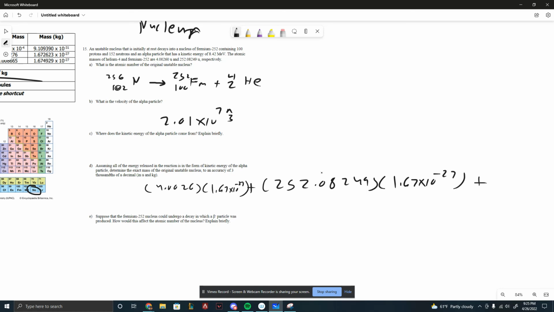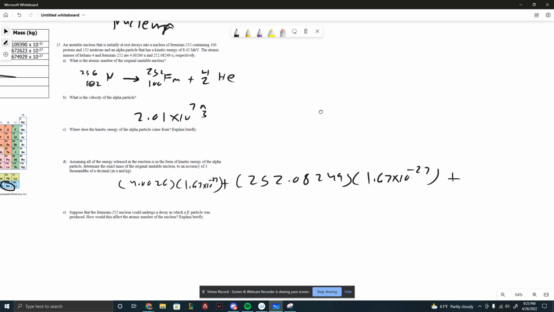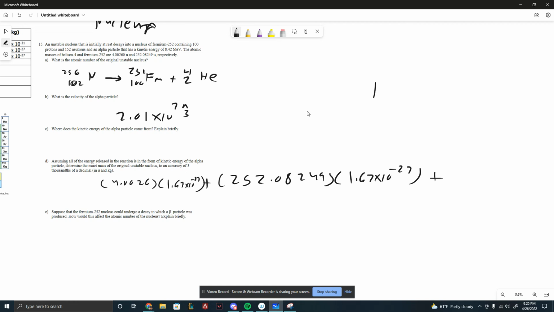And now we need to add in that binding energy that is going all into the kinetic energy of the alpha particle. So remember, E equals mc squared. What was our kinetic energy? It was 8.42 of that. So we need to convert that into mass, and that would be mass is equal to E over c squared.